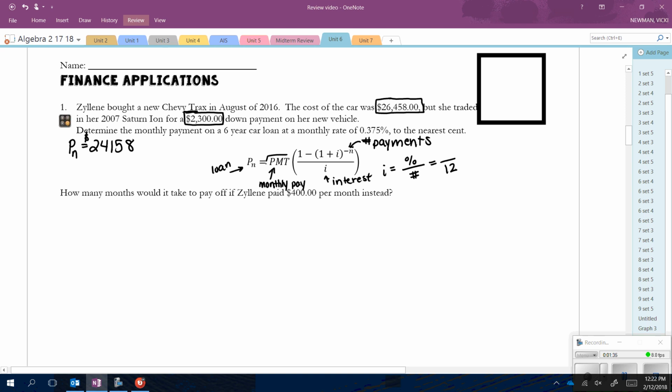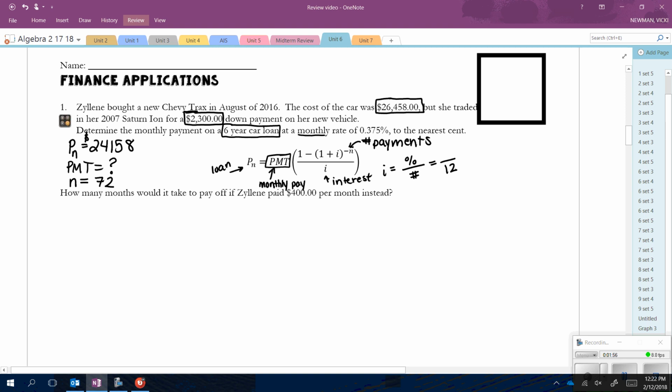Okay. Determine the monthly payment. So we're going to be finding PMT. PMT is our question mark. On a 6-year car loan. Well, we do everything with loans in months. So N is 6 times 12, which is 72.